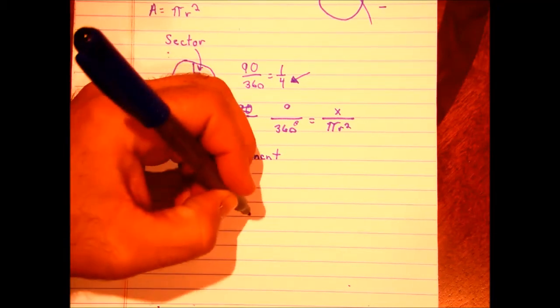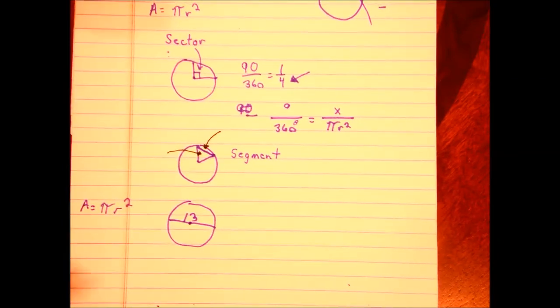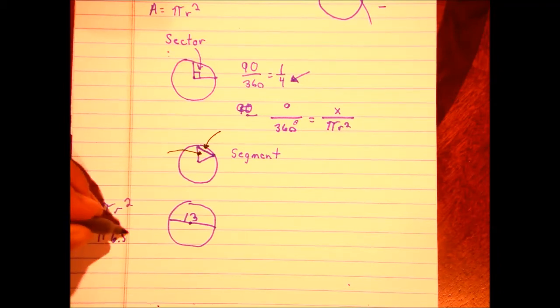The first thing you want to do is write area equals pi r squared. I'd find the radius. Hopefully you know the radius. Excuse me, I apologize. The radius would be, correct, 6.5. So it would be pi times 6.5 squared.